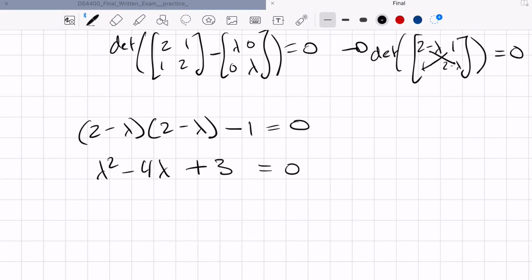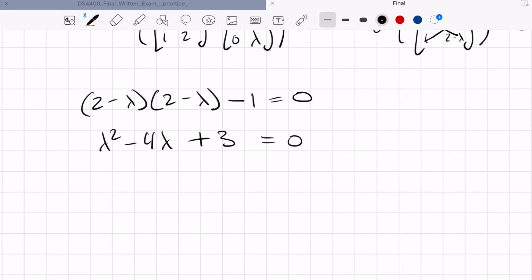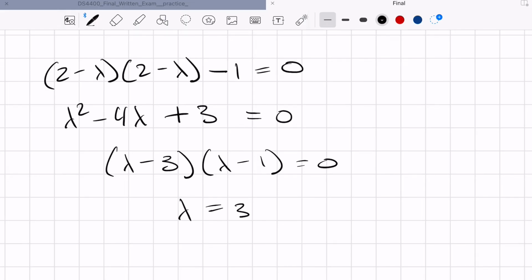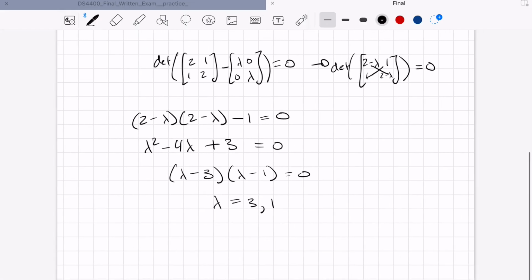And then, just eyeballing this, we know this is simply equivalent to lambda minus 3 times lambda minus 1 is equal to 0. So lambda is equal to 3 and 1.